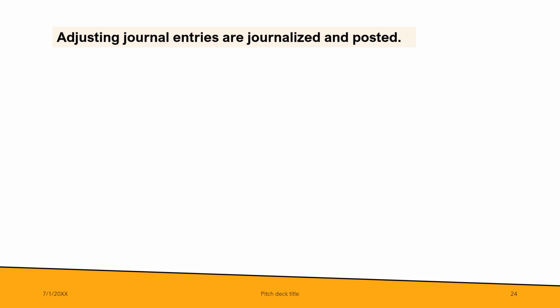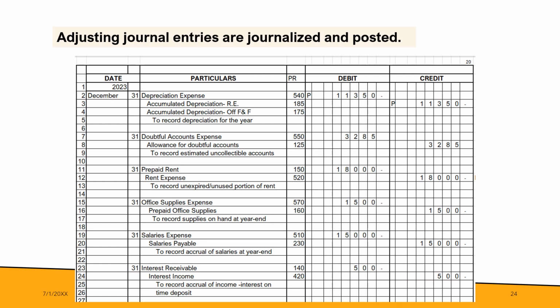And I'll be showing you the summary of our adjusting entries. We prepared 6 adjusting entries, and those entries should be recorded in the general journal. And as you can see, the PR column or posting reference was already filled up.